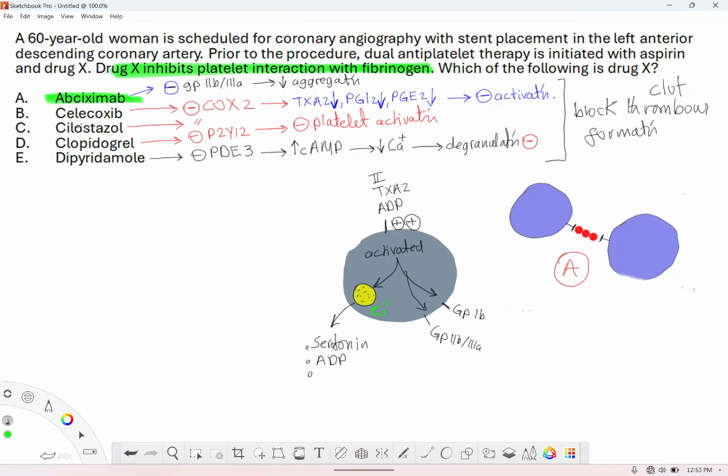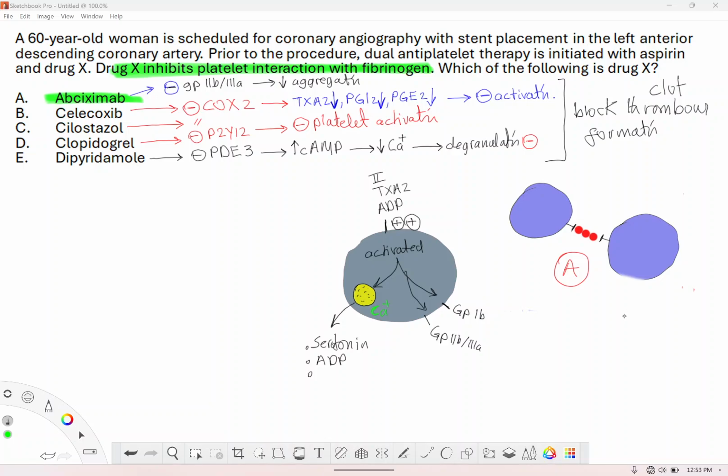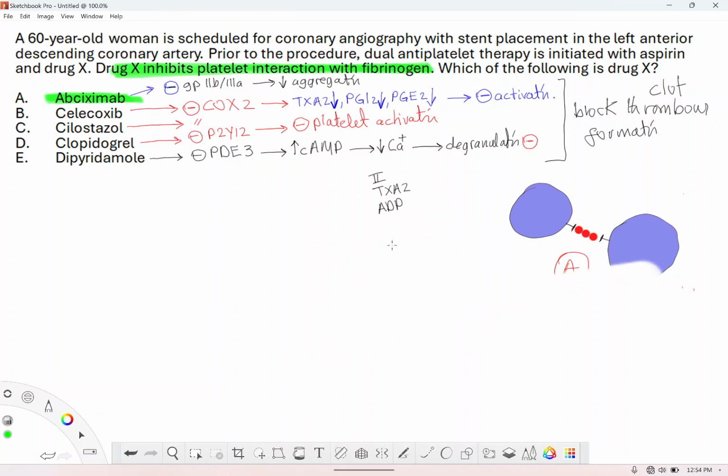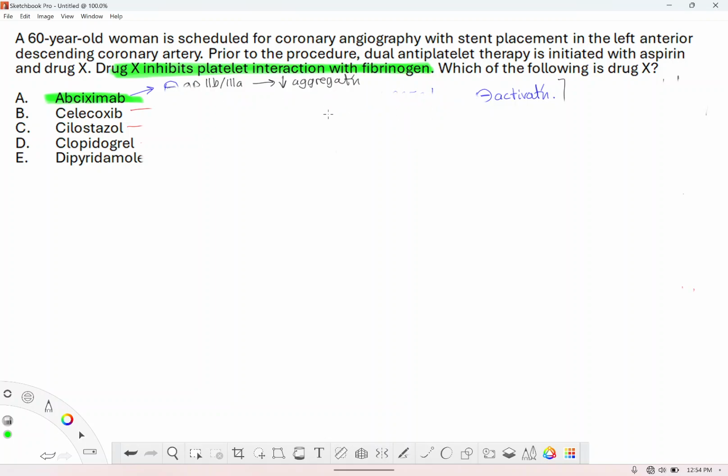Hopefully this was helpful, and I think this was the last question for today. Yeah, this is the last question, but before I end, let me tell you what is the purpose of all of this. So now that you know how thrombus is formed, for thrombus formation, you need platelet activation. Okay, so just quickly, and then we're done. So for thrombus formation, what do we need?